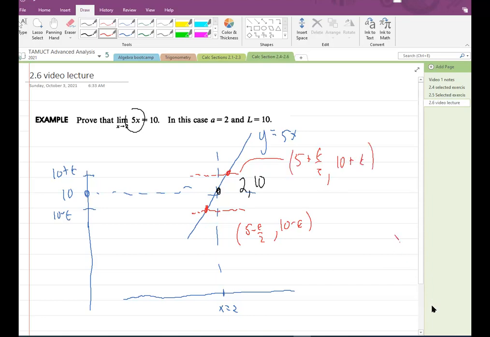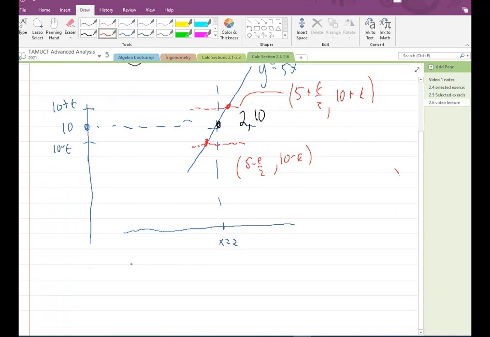So the statement you have here is: if x is between 5 minus epsilon over 2 and 5 plus epsilon over 2... Sorry, did I say epsilon over 2? Got that wrong there. It should be epsilon over 5, not epsilon over 2. Good thing I caught that. Let's fix that up.